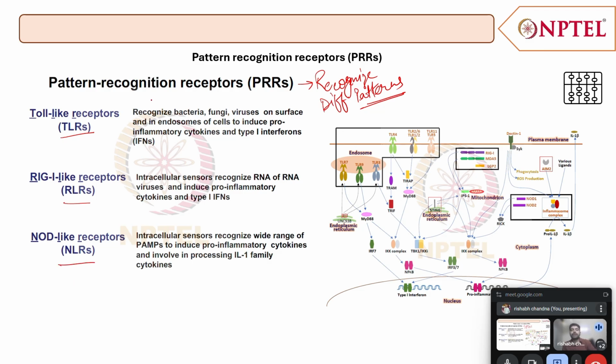Toll-like receptors recognize basically bacteria, fungi, and viruses on the surface and in endosomes of cells to induce pro-inflammatory cytokines and type 1 interferons.